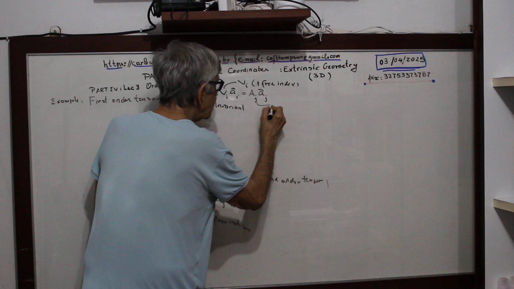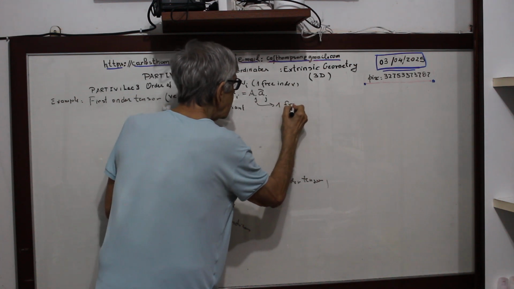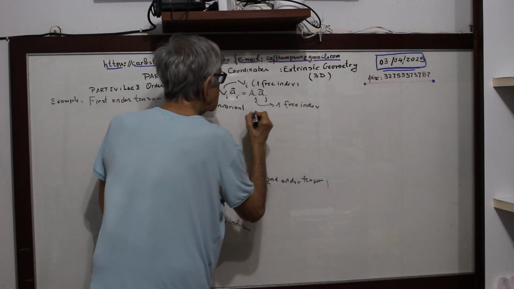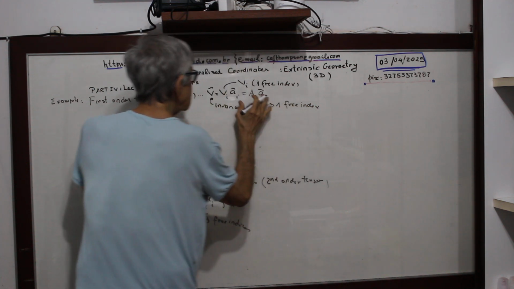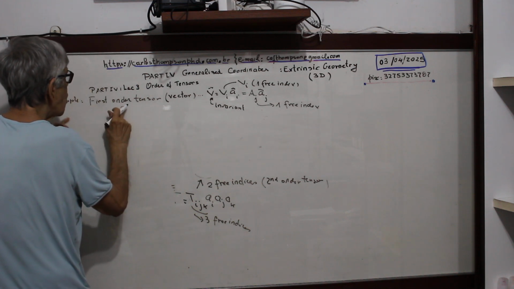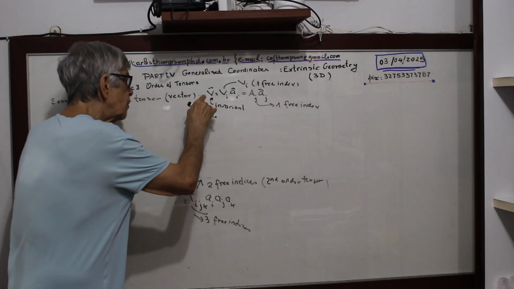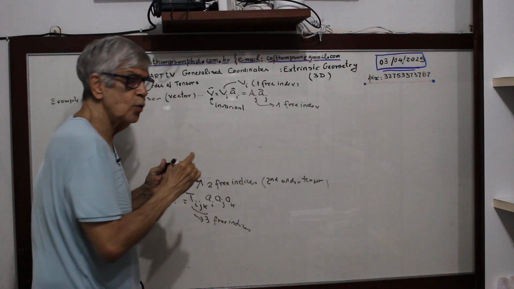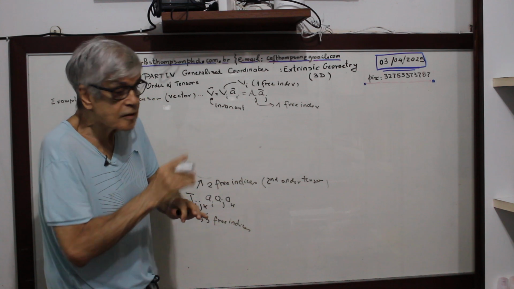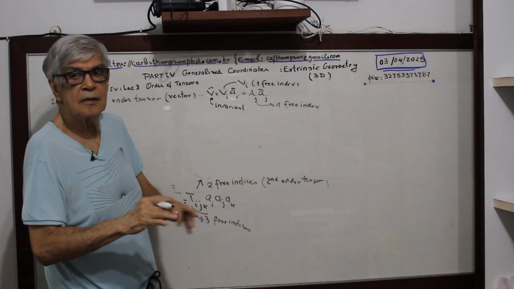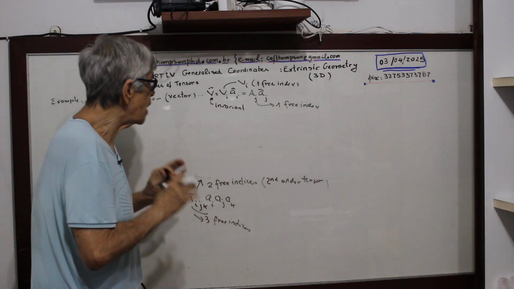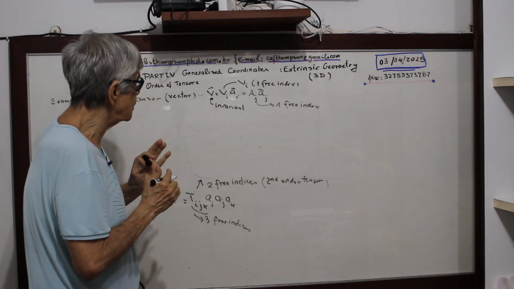This is one free index. So that's why this is called the first order tensor. Don't look at the tensor. You put the name, you look at the components. That's quite confusing, you see? So get used to this.